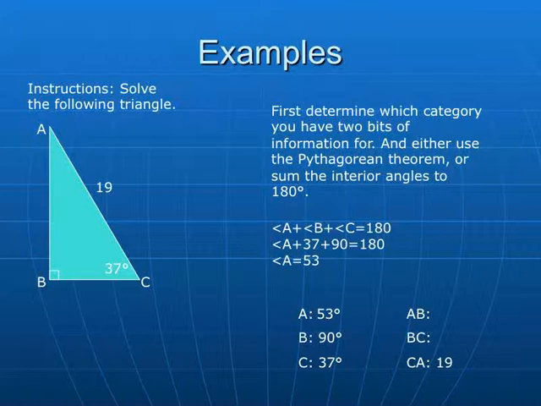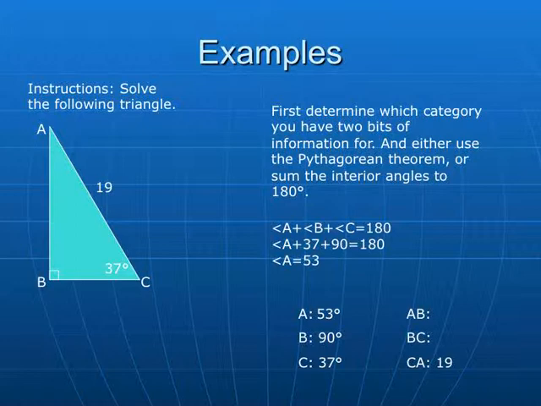Once you do that, you really have a cheat. When you use the two pieces of information, you're either going to use the Pythagorean theorem to cheat, or you're going to use the sum to 180 cheat. Once you've cheated, then we have to use trig functions.